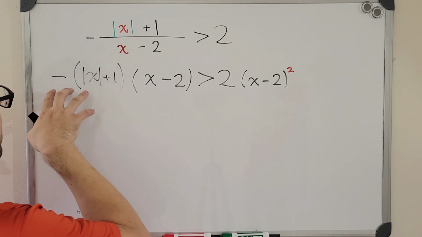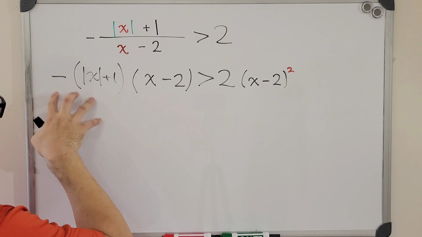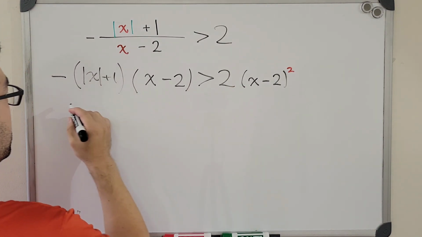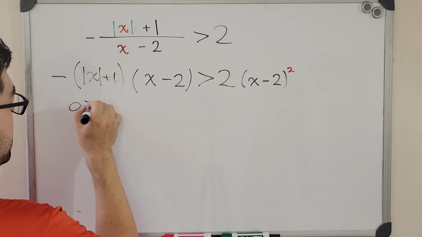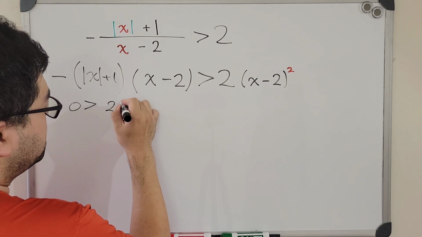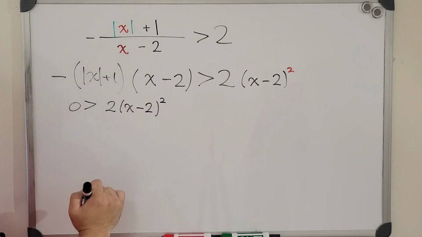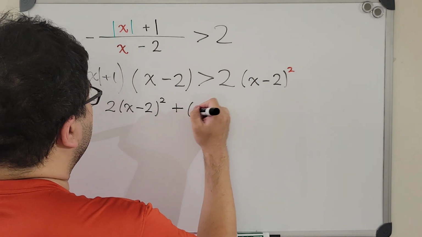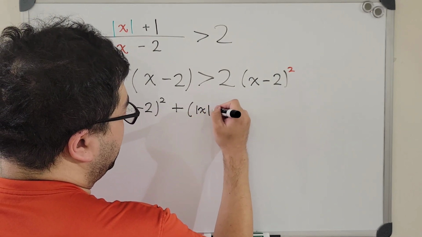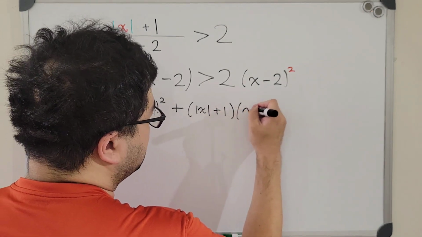So let's try to bring the negative sign to the other side. So we actually will get 0 is greater than 2 times x minus 2 squared plus absolute value of x plus 1 times x minus 2.